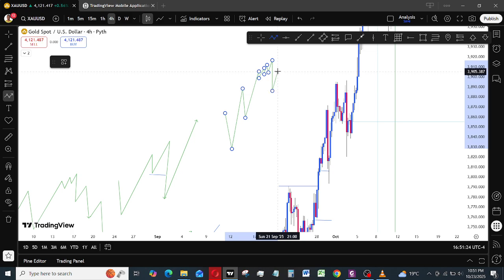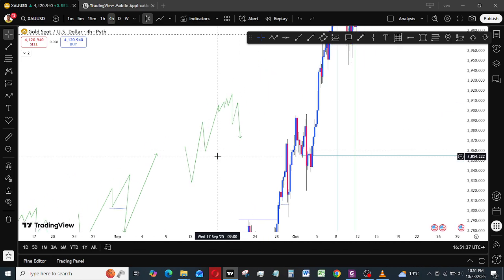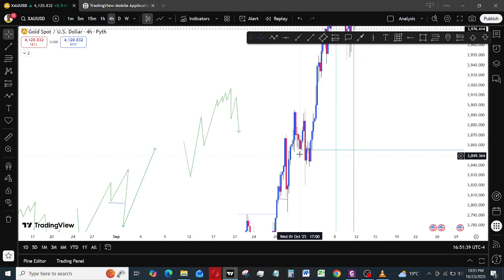If it wants to move in the opposite direction, it will show me that it's really going in this direction. So that's the principle that I use when reading market structure, so that it can give me exactly how the market moves.